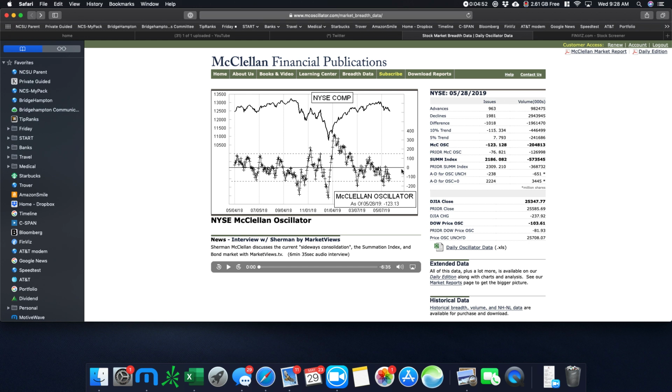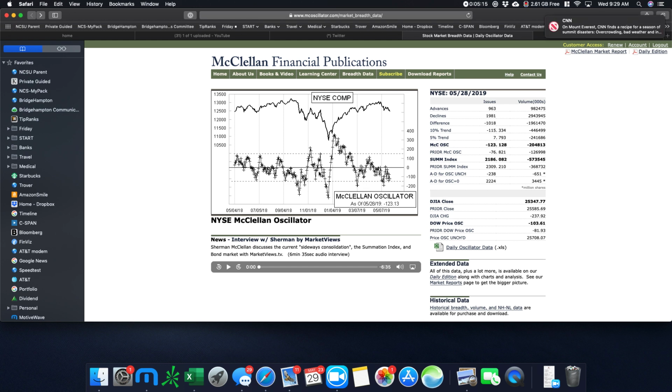So it's possible we could spend the whole summer, particularly if we have no news on the trade front, in this value between 0 and oversold. Not oversold enough that the market bounces, but oversold enough that we just get complacent and nothing happens.